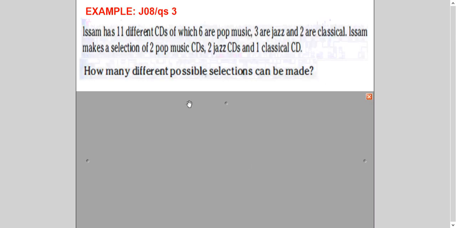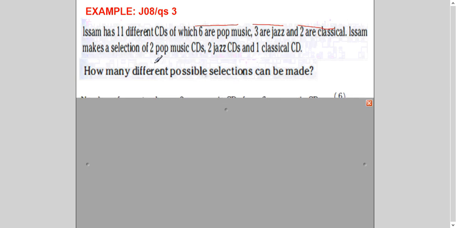Let's take this. This is also from June 08. Assam has 11 different CDs. 6 are pop music, 3 are jazz, and 2 are classical. And he has to select 2 pop music, 2 jazz, and 1 classical. So in how many ways can he select? So altogether he will have a selection of 5 CDs, right?